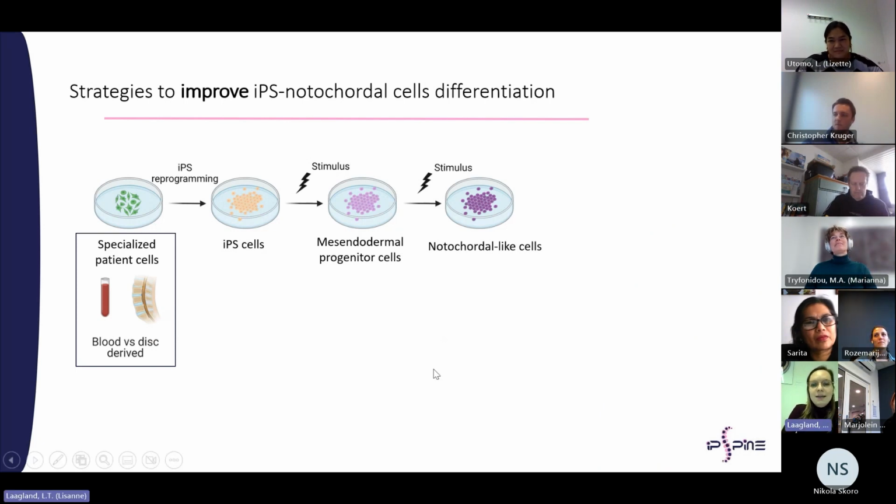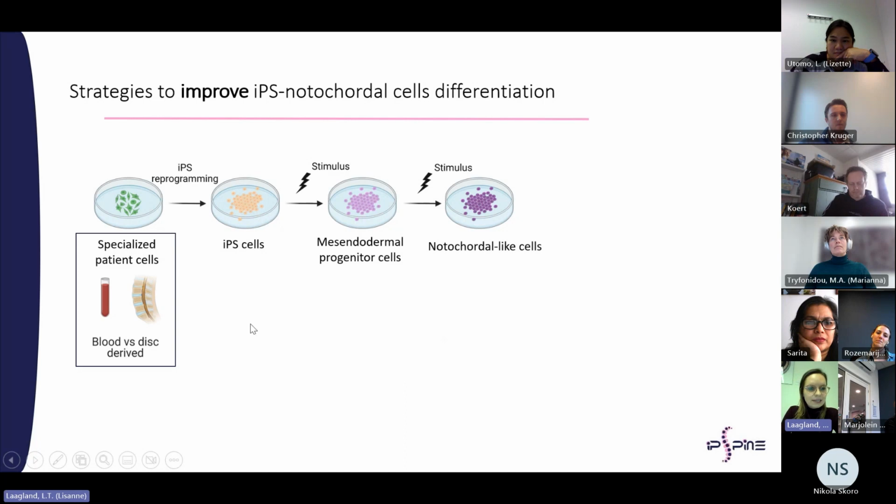So within the iPSpine project, we're working on improving this differentiation protocol. And one approach is that we look into the specialized cell type that we start the process with. Because as I explained during the reprogramming, the induced pluripotent stem cells should actually forget all the memory from the specialized cell.